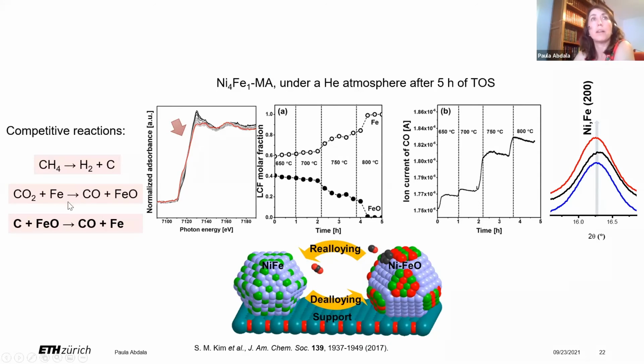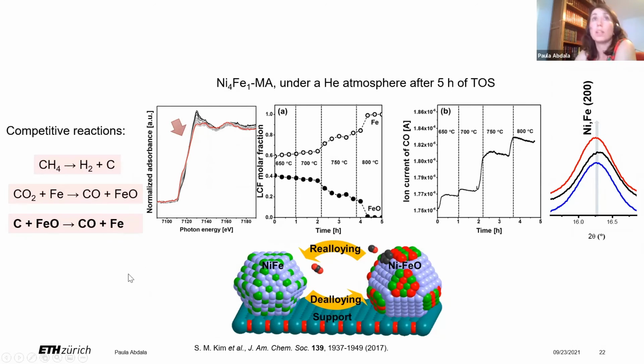We also know that carbon dioxide is oxidizing our iron through this reaction. And we can, in principle, hypothesize that iron oxide reacts with carbon, leading to metallic iron and carbon monoxide. But this occurs all basically in parallel.